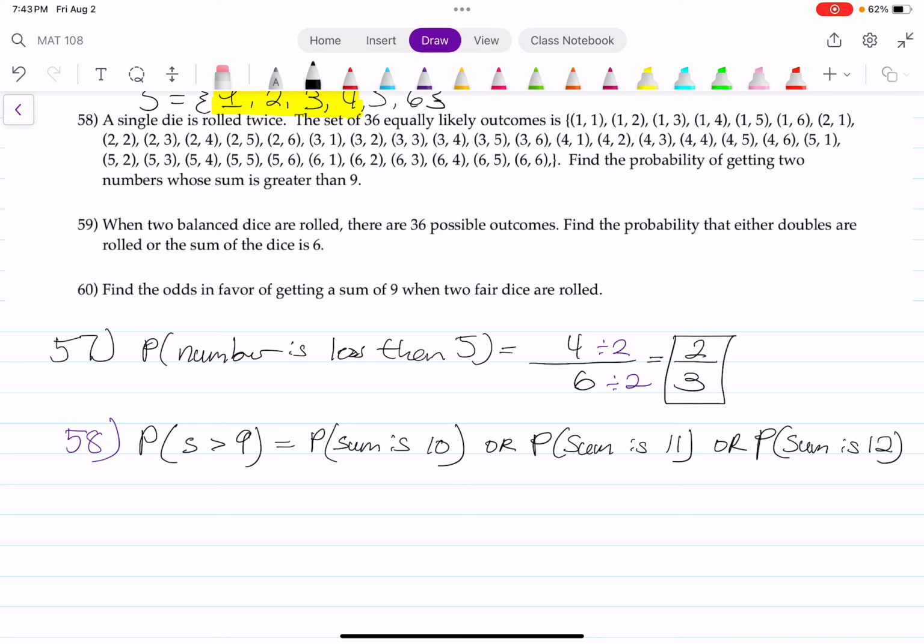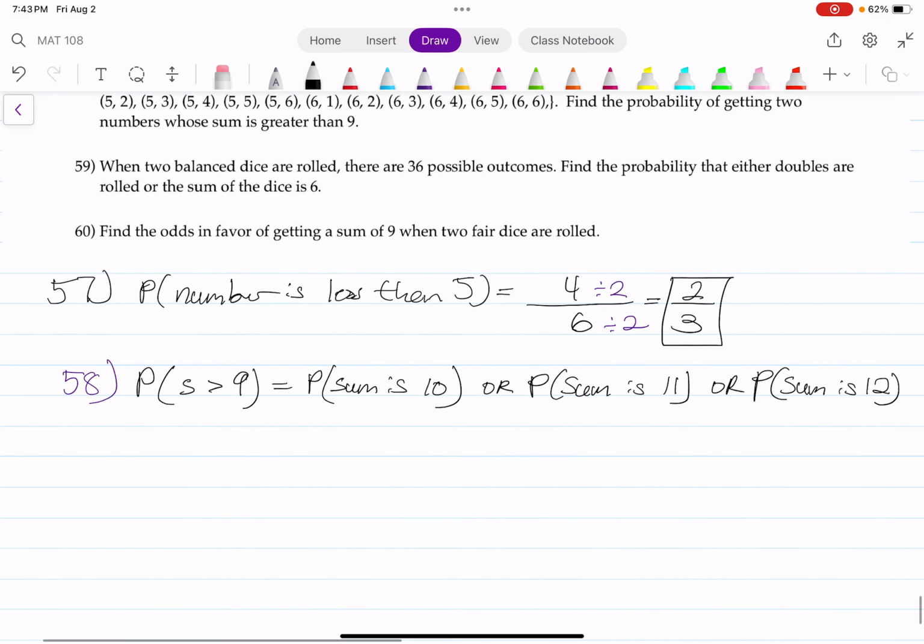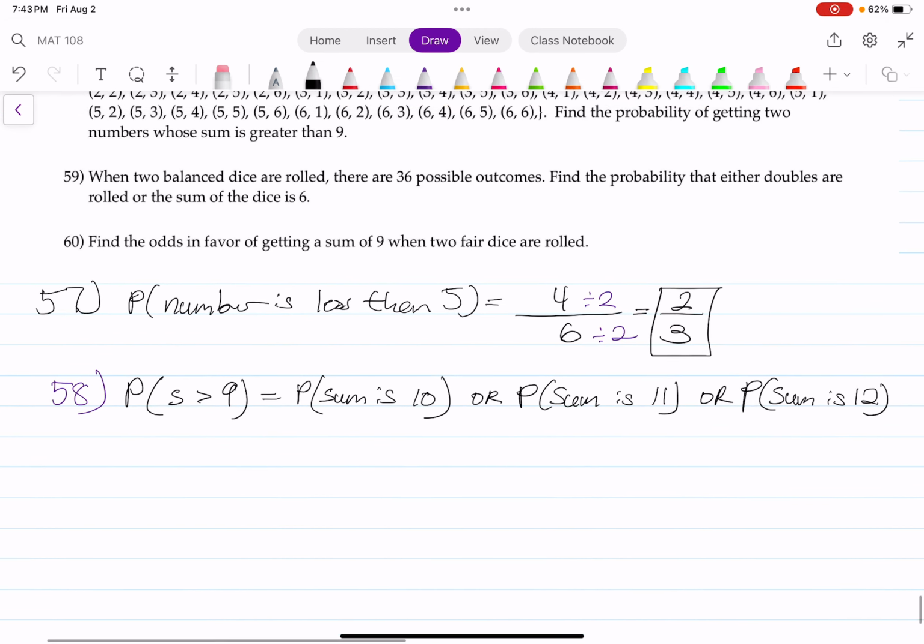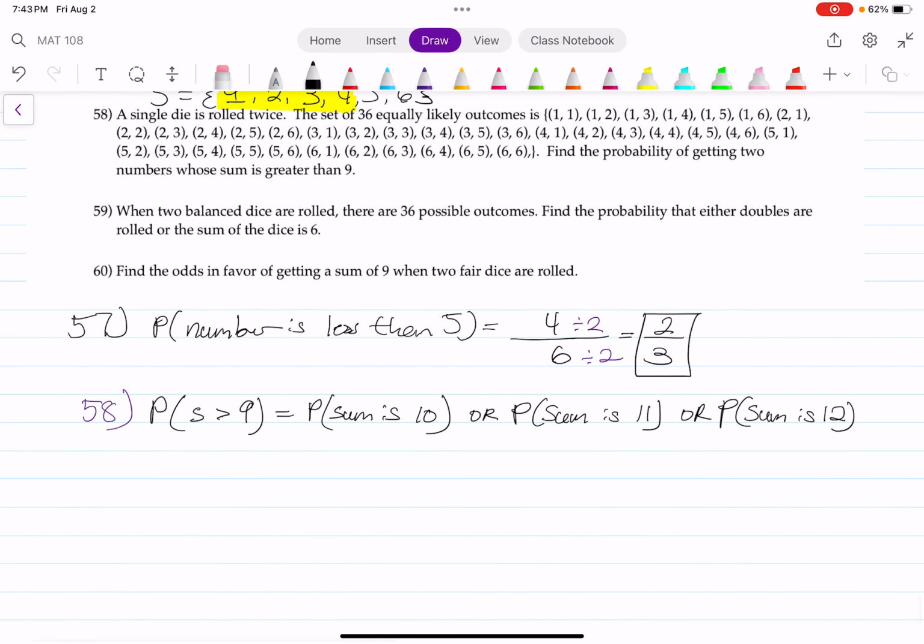Because having a sum of 10, 11, and 12 are all sums that are greater than 9. So the outcomes that give us the sum of 10 are 4/6, 5/5, and 6/4. For the sum of 11, that is going to be 5/6 and 6/5. For the sum of 12, that's only one outcome, which is 6 and 6.